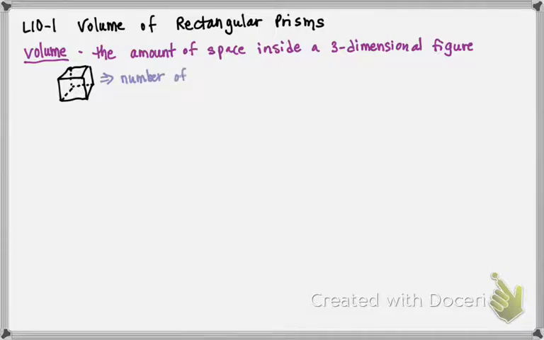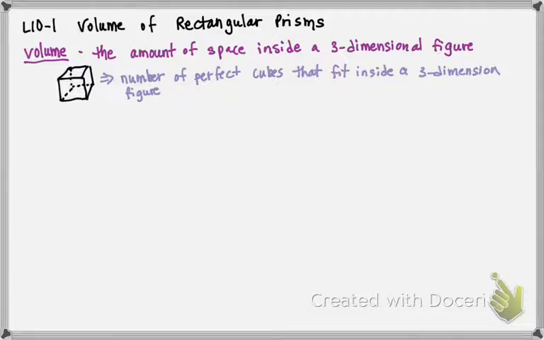So it's the number of perfect cubes that fit inside a three-dimensional figure. So imagine I have those, we even have them in the room, little cubes. How many of those would actually fit into something that is beyond flat, okay?